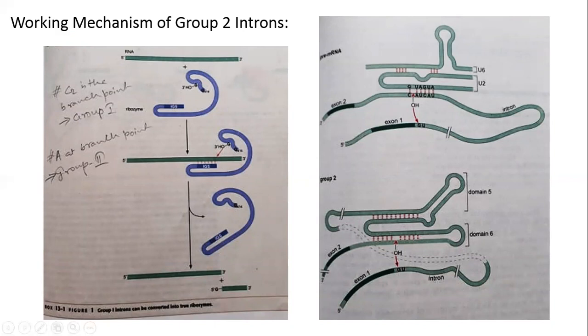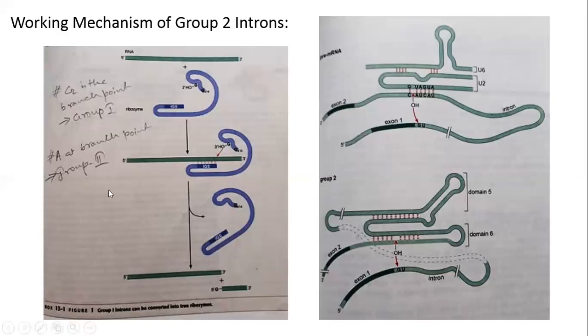In case of group 1 introns, the branch point site is a free guanine residue, and the free 3' hydroxyl group of this guanine is responsible for the first transesterification reaction. In this case, no lariat is formed, and a linear intron is removed from the two exons.